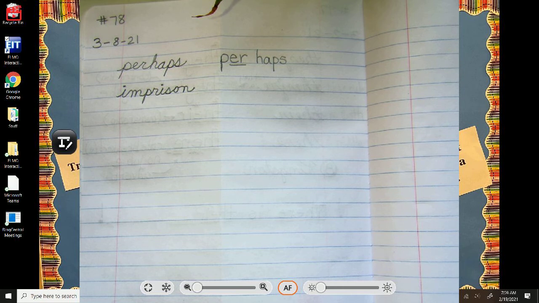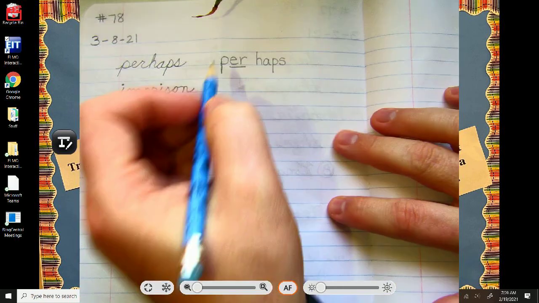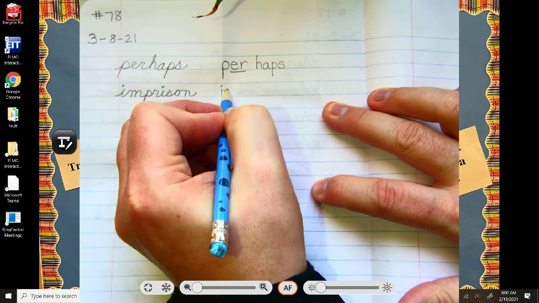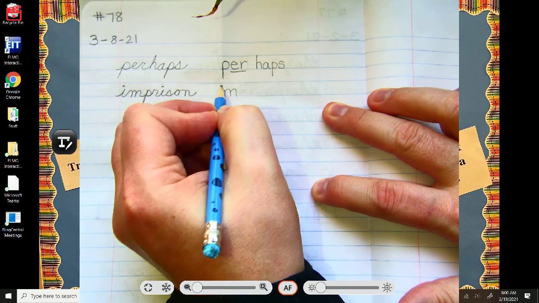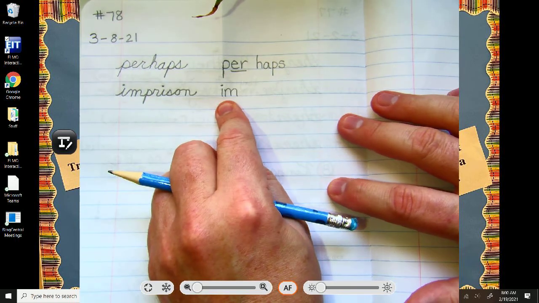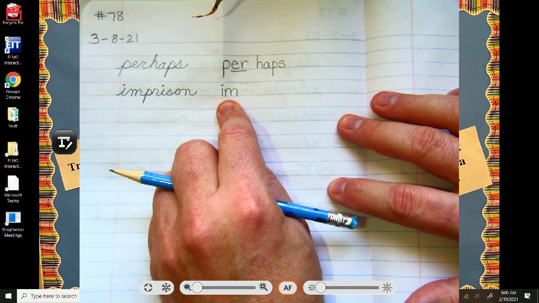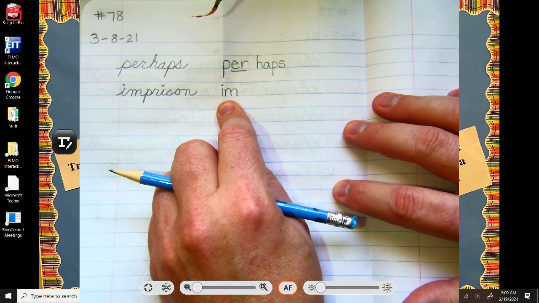All right, let's check it out. Imprison is a 3-syllable word. The first syllable is im. Scholars, I'm going to tell you something. This is the most common mistake in imprison. People think it's in-prison, right? If you are imprisoned, you're in prison. So it sounds like you're saying in prison, but it's im-prison.